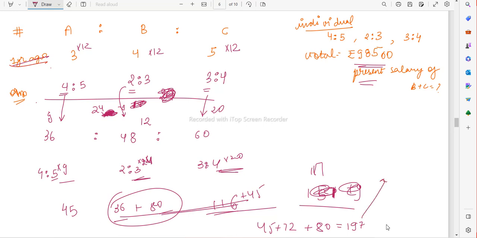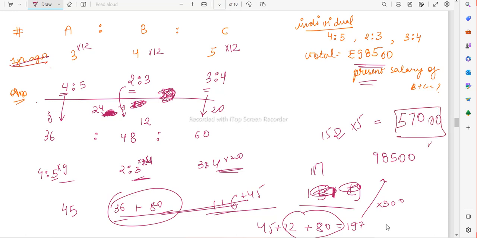Now this 197, and here it has been given as 98500, so it is going to be how much more? It is going to be 500 times more. So now you have to tell me what is b plus c. So b plus c is going to be 152. If you multiply it by 5, this much rupees. This is going to be your answer.